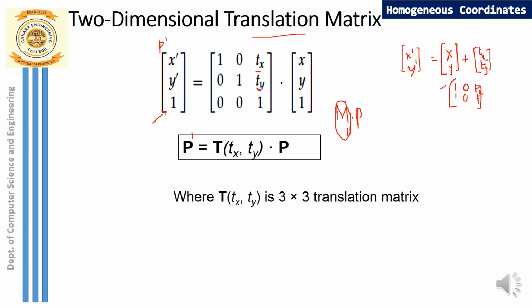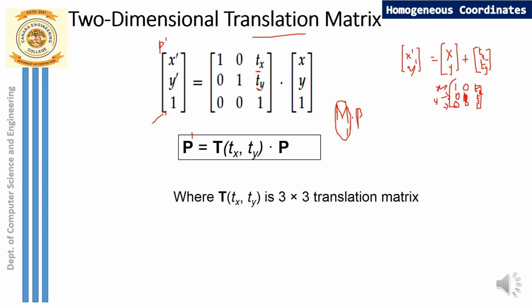The first row indicates displacement along x, the second row indicates displacement along y, and in the last row we don't have any displacement along z, so you keep it as 0 0, but the diagonal element should be 1 because it is an identity matrix. I'm sorry, the second row should be 0 and 1. So it is 1 0 tx, 0 1 ty, and the last row remains the same, 0 0 1.